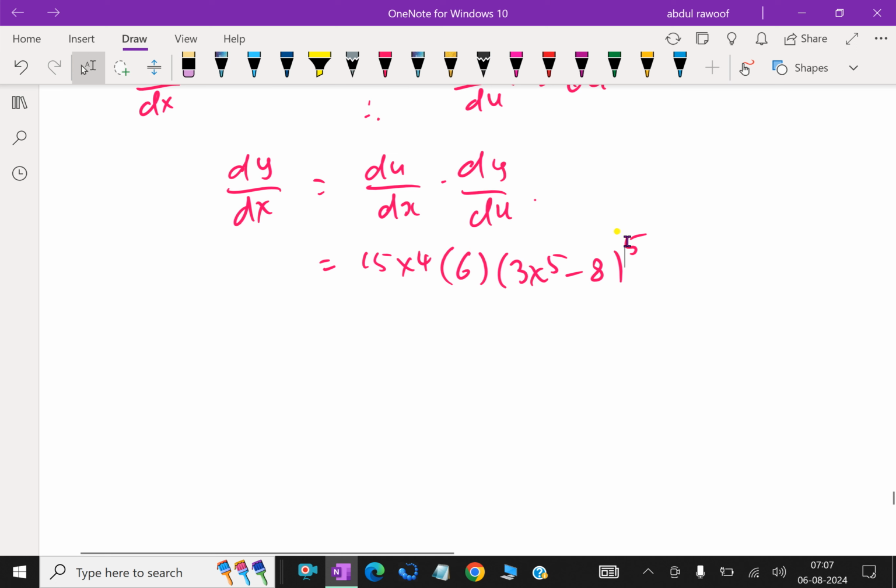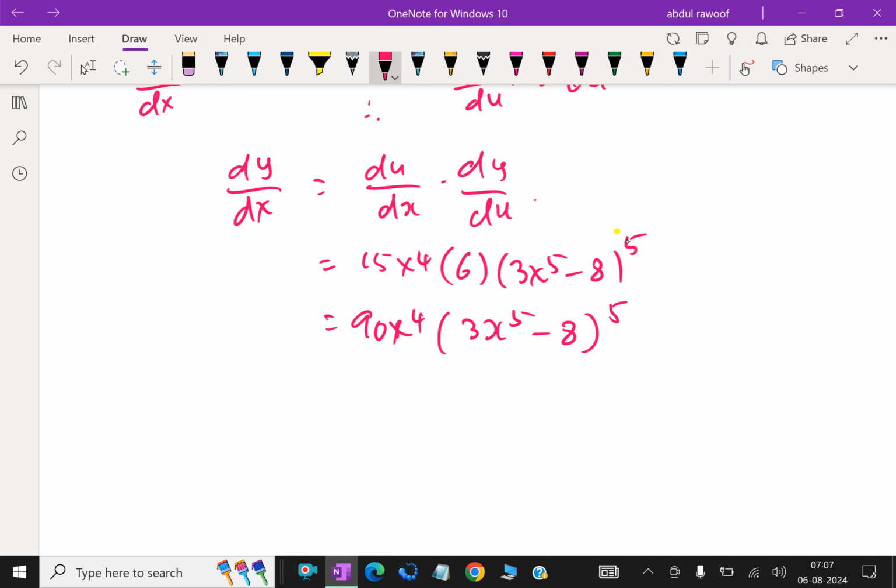So we have 6 into 15 is 90x power 4 into (3x power 5 minus 8) power 5.